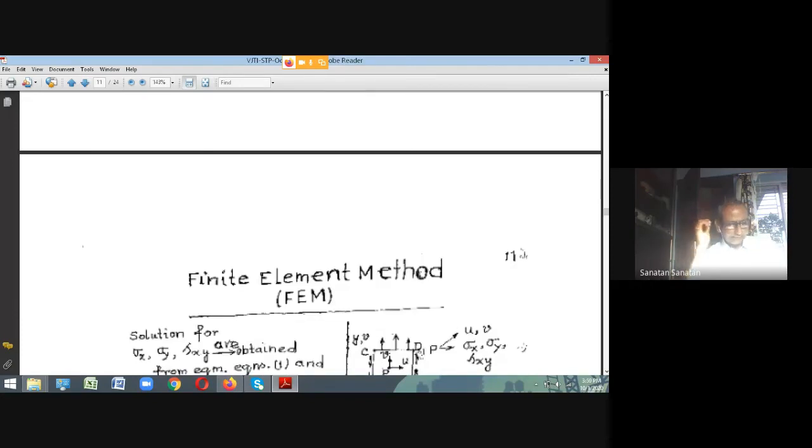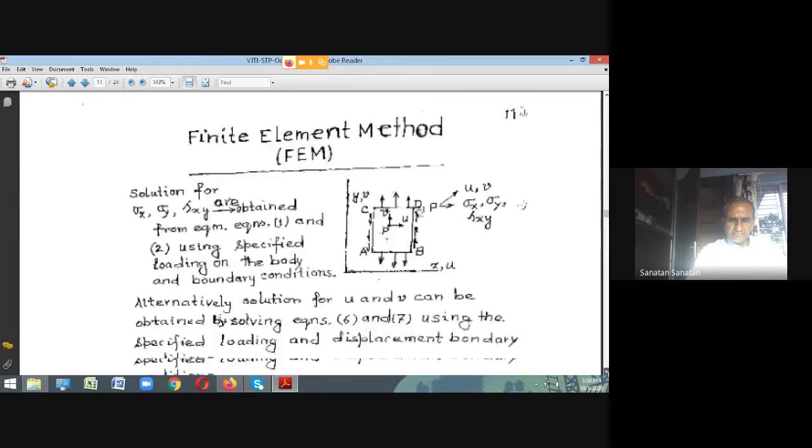So I started here. I simply talked about the finite element problem in terms of stresses. One has to determine the stresses at every point of the domain in terms of three stresses.